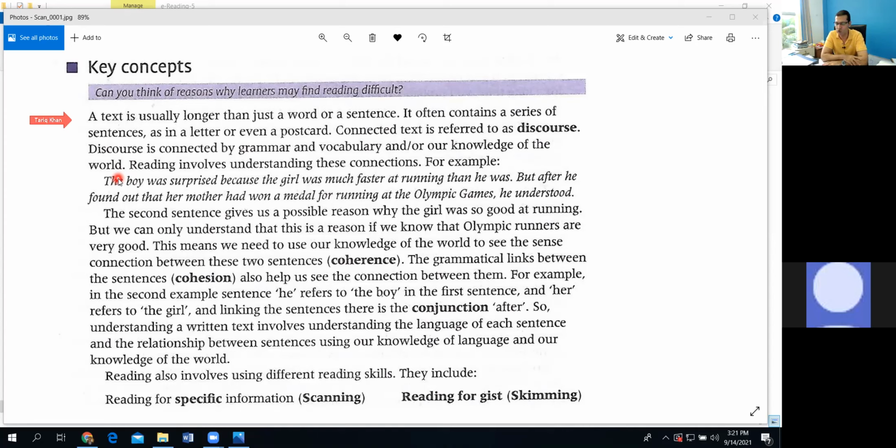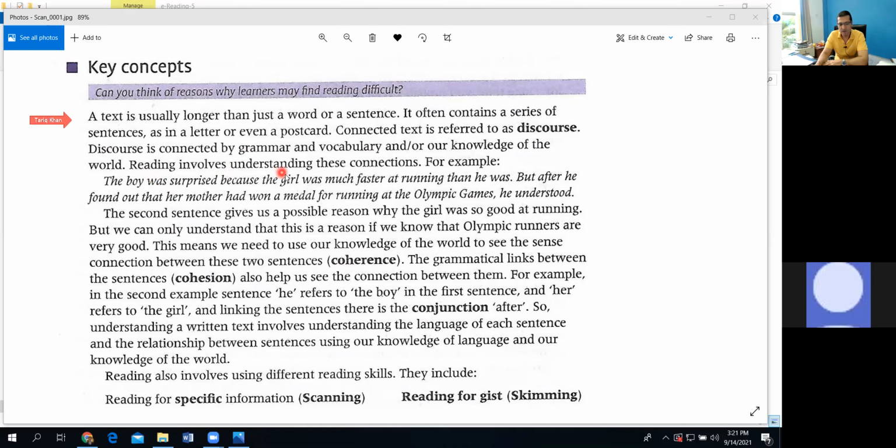That is called discourse, connected text. Now, discourses consist of what? Grammar, vocabulary, and our knowledge of the world. Knowledge of the world, I made it clear to you. And grammar and vocabulary you already know because you have gone into detail on these in the previous units.